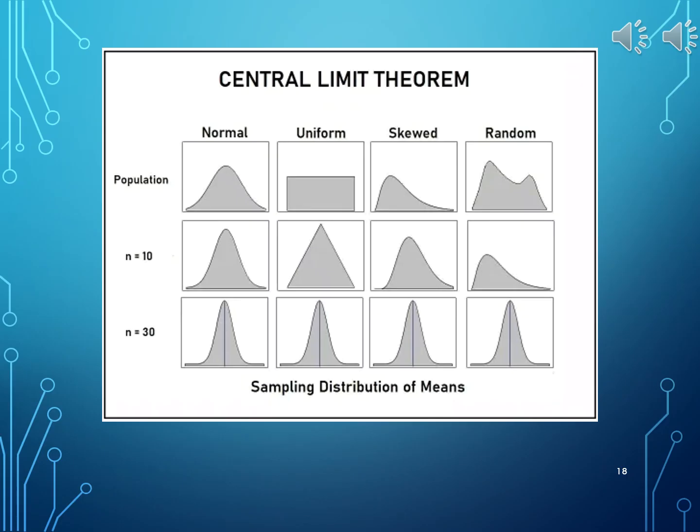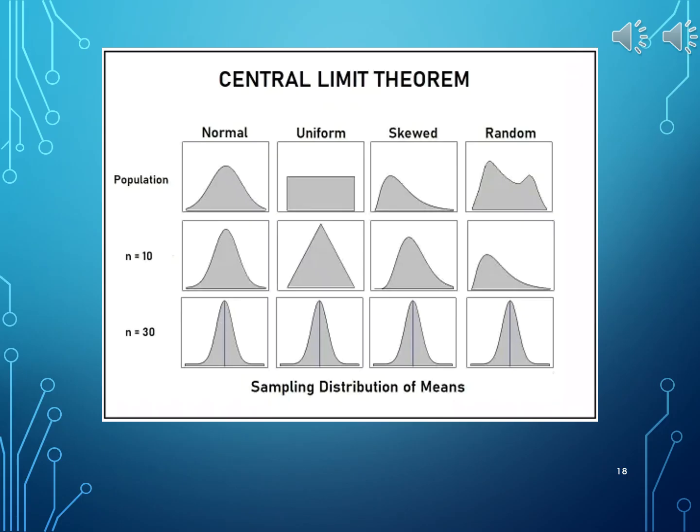So what this picture is showing you is that the population could be normal, it could be uniform, it could be skewed, it could be anything, it could be random. If we take a bunch of samples of sample size 10, n equals 10, that's the middle row there, you can see that the distribution of sample means, or the distribution of means, using many samples of size 10 will start to become more normal looking.